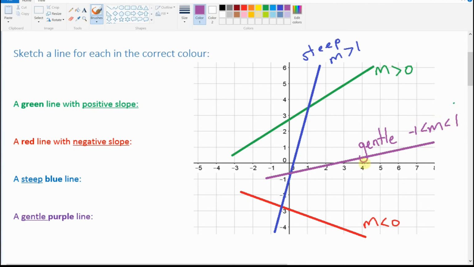So maybe something like, what is this here? I didn't really think about it being easy to read when I made it. Maybe up 1 over 4. So in this case, the slope looks like a quarter. So something like a half, a quarter, 2/3, or negative 2/5, as long as it's between -1 and +1.